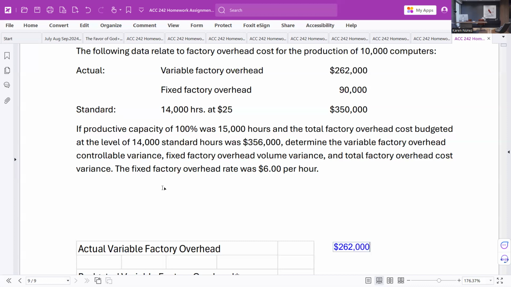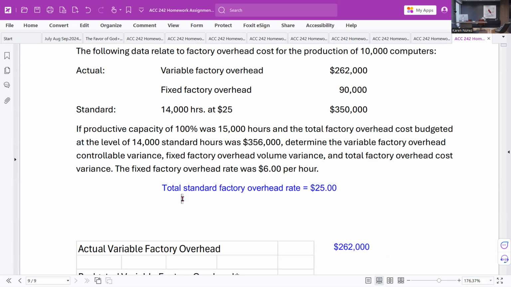So let's use the information we're given. So the total factory overhead rate is $25. That's what we're given. We're given a total factory overhead rate of $25, right? The standard rate is $25. So the total standard factory overhead rate is $25. And the fixed factory overhead rate is right here at $6.